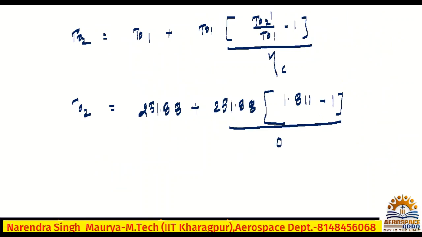So what is T naught 2? Need to calculate. Wait, I will do this. 1.811 minus 1, into 251.88, divided by 0.87, plus 251.88, gives 486.80 Kelvin.